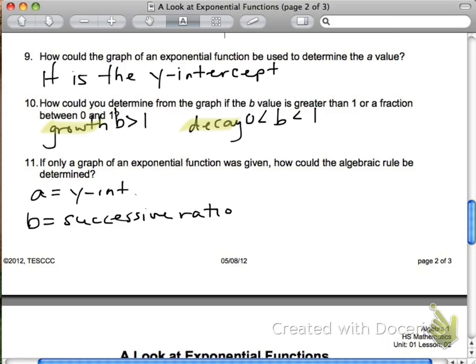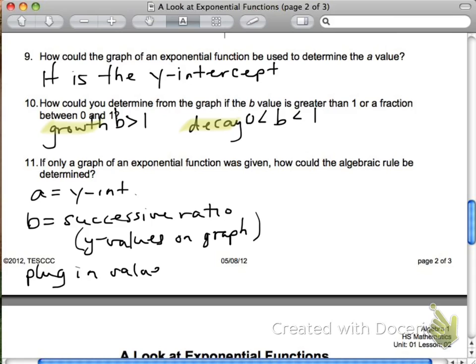You looked at the y values on the graph, dividing them appropriately, the next one by the previous one. And then you just simply plug in, right? Or you just know the answer like me.